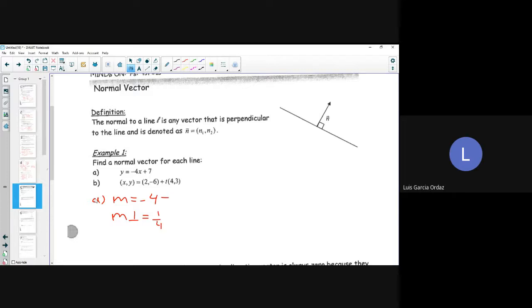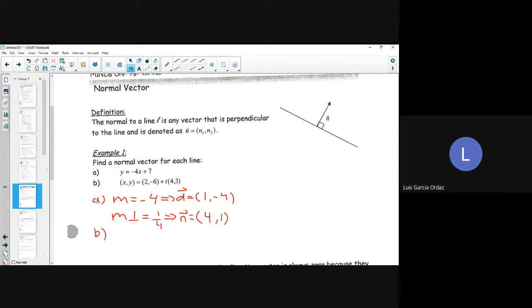So my direction vector for my original line is going to be 1, negative 4. However, my normal vector for my perpendicular line is going to be 4, 1. Now let's take a look at the next one.